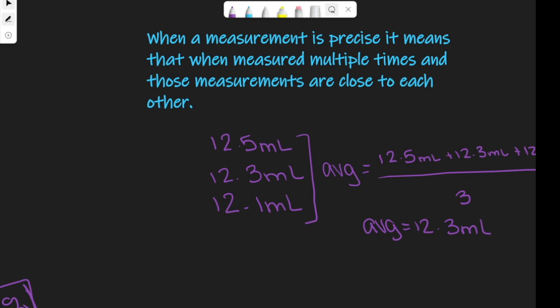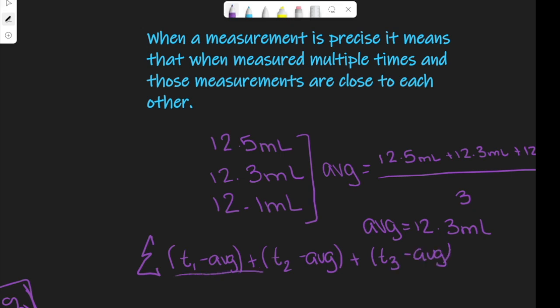In order to do this, I'm going to take the sum, that's the symbol for sum, of all of my values. Let's call these trials. So trial 1 minus the average, plus trial 2 minus the average, plus trial 3 minus the average, and then divide all of those by 3.